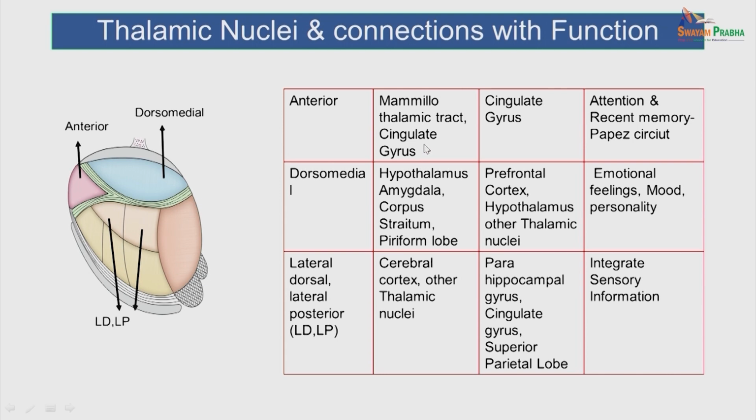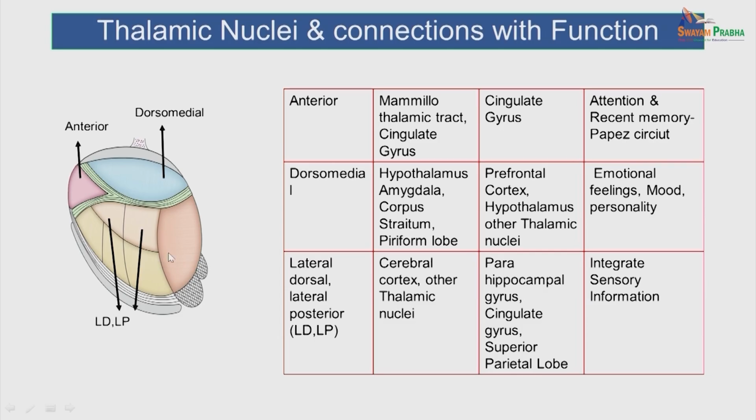It sends efferents to the mammillary body of the hypothalamus and to the cingulate gyrus in the cerebral cortex, and receives afferents from the cingulate gyrus. The main function of this anterior nucleus is attention and recent memory, and it is a part of the Papez circuit.